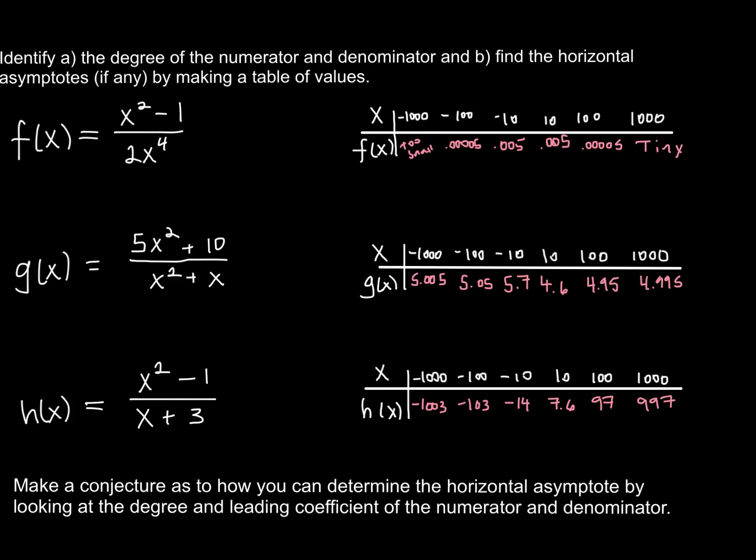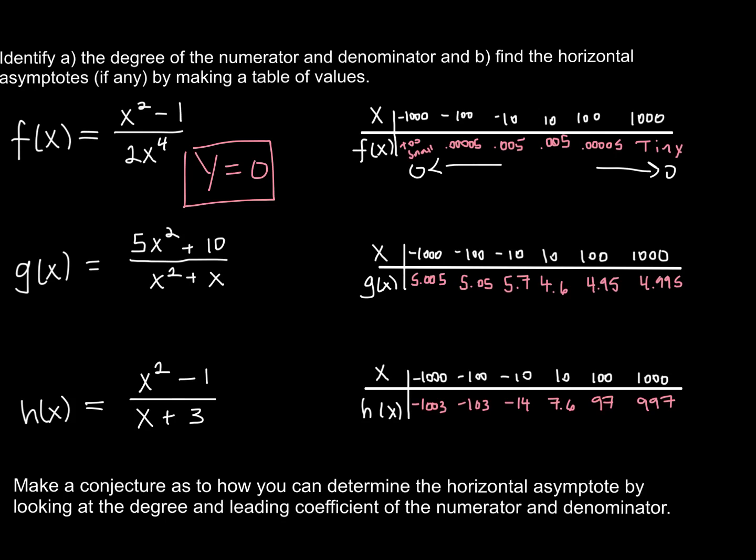So what we notice here is as x approaches positive infinity, f of x is approaching 0. And as x approaches negative infinity, again, f of x is approaching 0. So since we are approaching 0 as we move to the right and to the left, what we're going to say is that our horizontal asymptote is the line y equals 0.